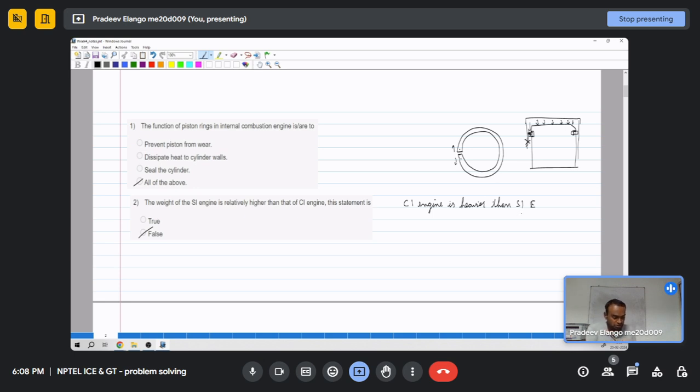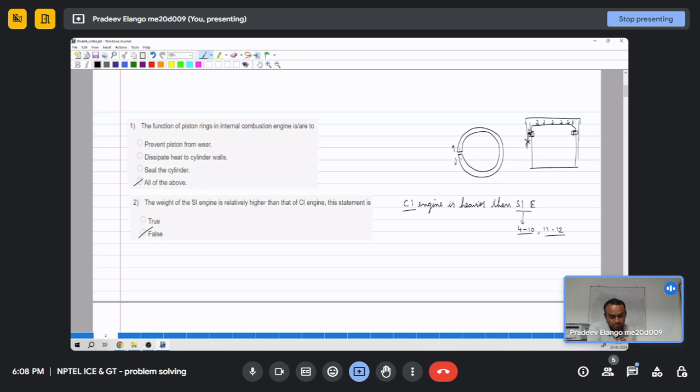What is the compression ratio that we have in SI engines? 4 to 10. In some advanced SI engines, it can go up to 11 or 12 maximum.